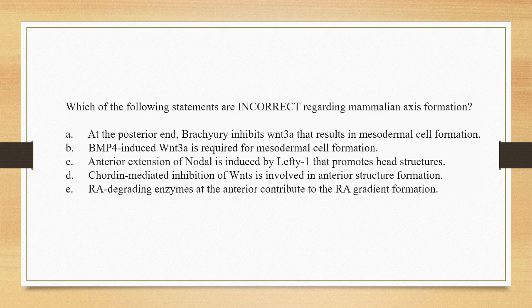B. BMP4 induced Wnt3A is required for mesodermal cell formation. C. Anterior extension of nodal is induced by lefty 1 that promotes head structures. D. Caudal mediated inhibition of Wnts is involved in anterior structure formation. And E. RA degrading enzymes at the anterior contribute to the RA gradient formation.